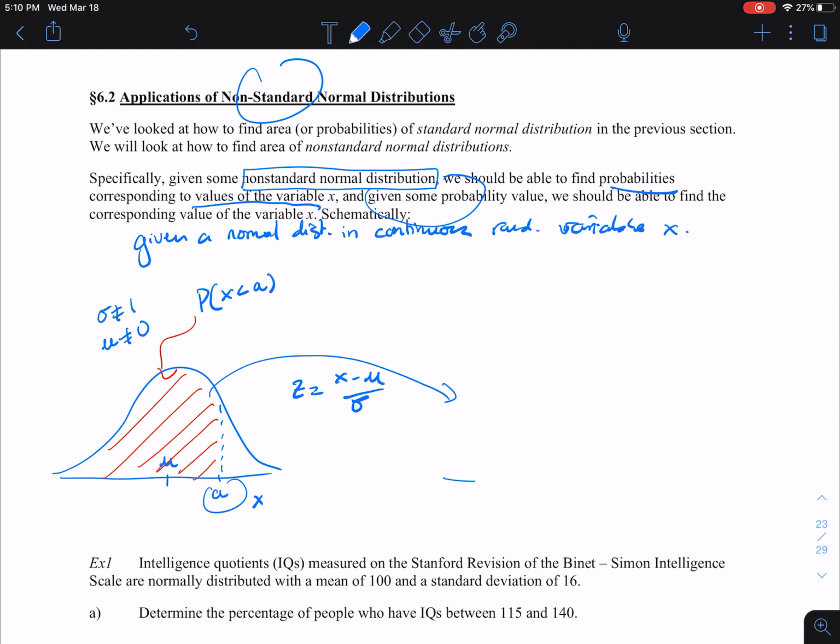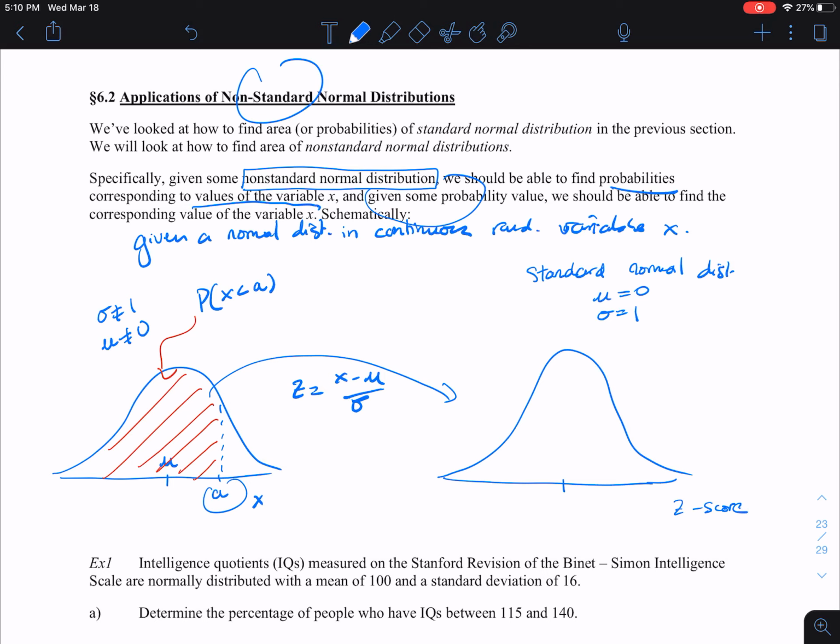When we do that, that x value will correspond to a particular number of standard deviations above the mean. In the new graph here, this is the standard normal distribution, so it has a mean equal to 0 and sigma equal to 1, and the horizontal axis is in z-scores. This value A for the x distribution corresponds to a particular z-score, a certain number of standard deviations above the mean.